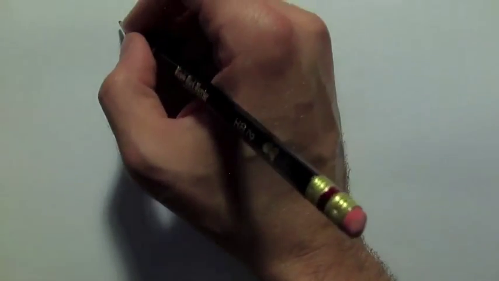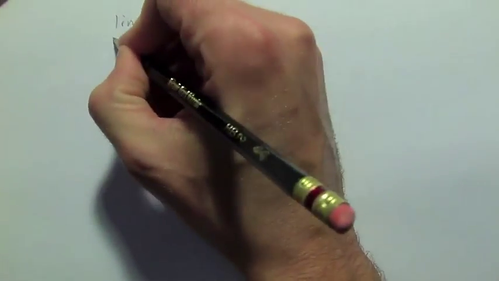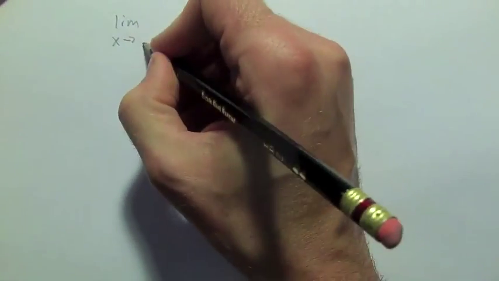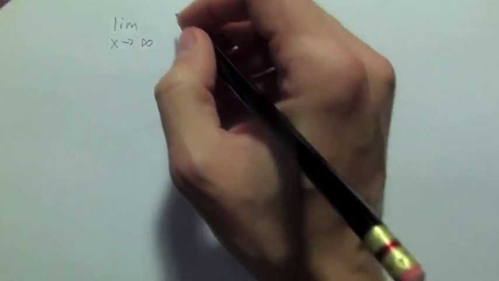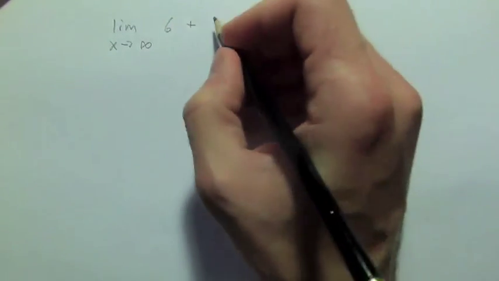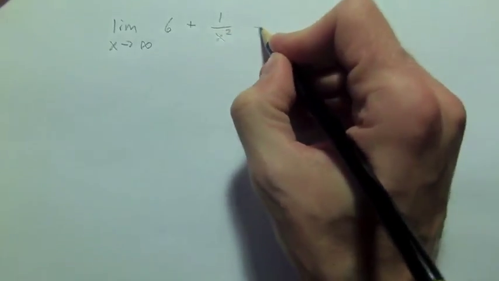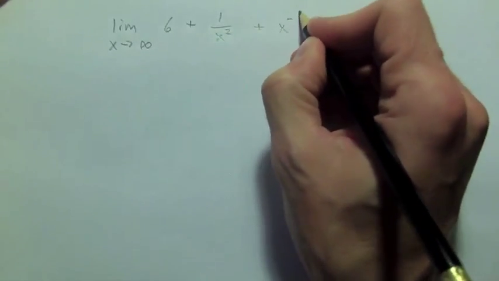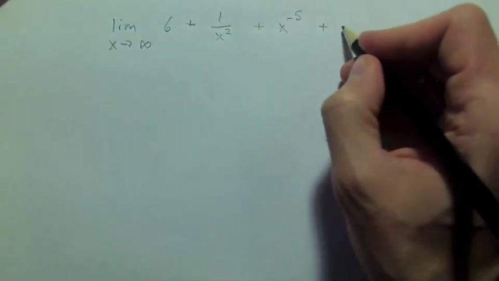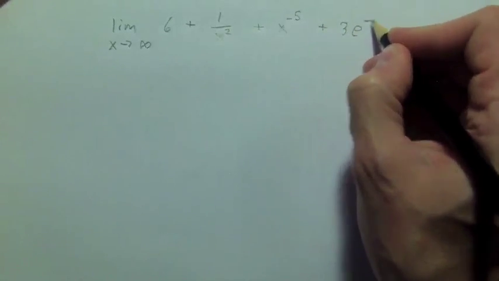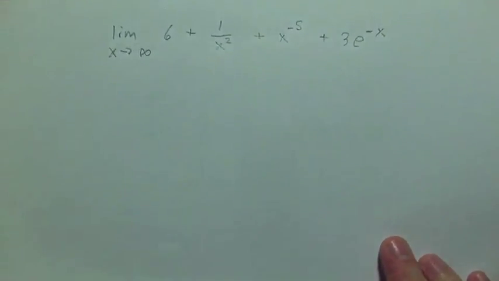So when we throw all these together, if we have the limit as x goes to infinity of 6 plus 1 over x squared plus x to the negative 5 plus 3e to the negative x.